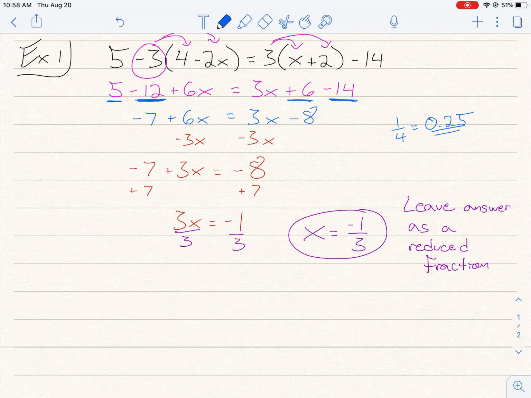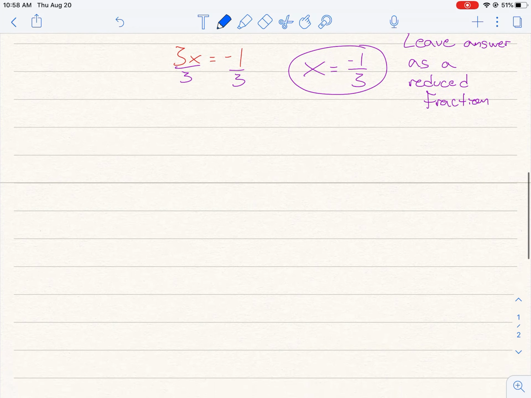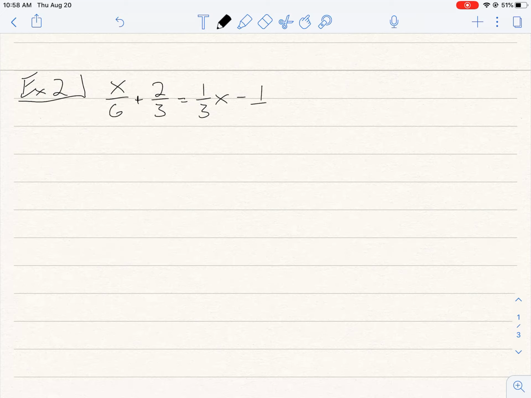So hopefully you got the same thing. Let's move on to another example here. So example 2, or I'm going to do it like this. Let's have x over 6 plus 2 over 3 is equal to 1/3 x minus 1/2.